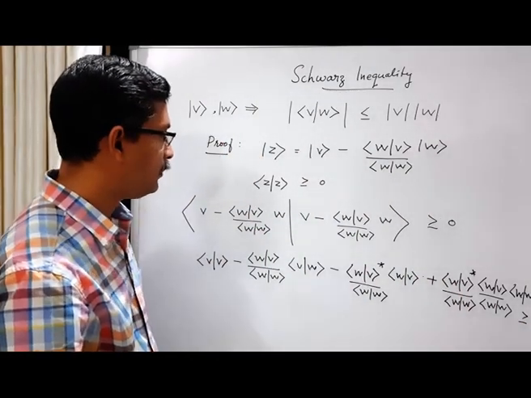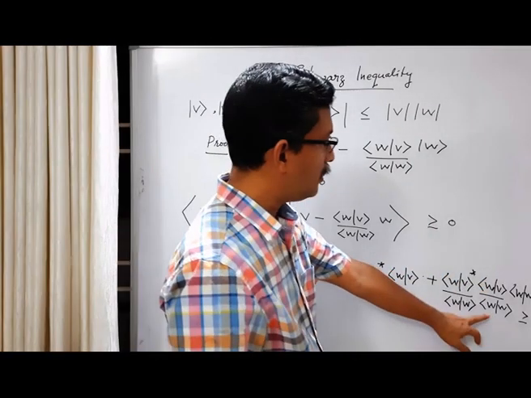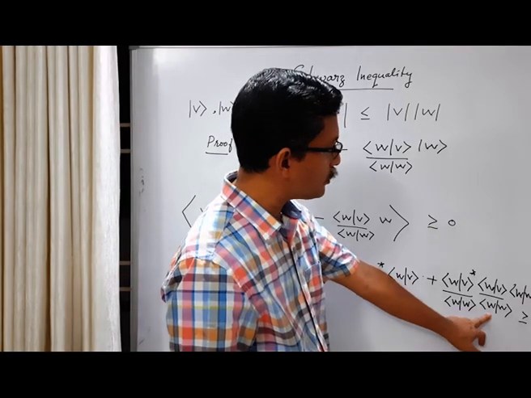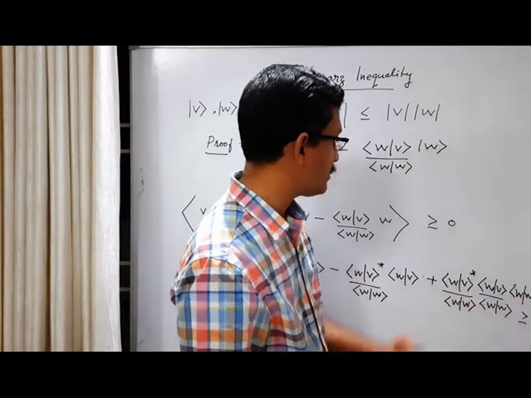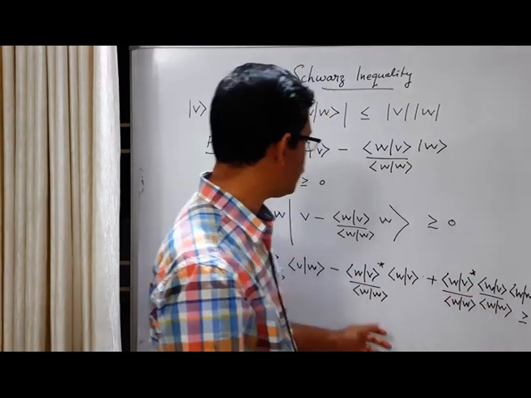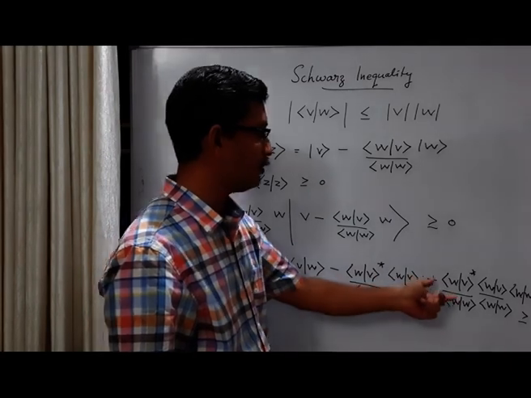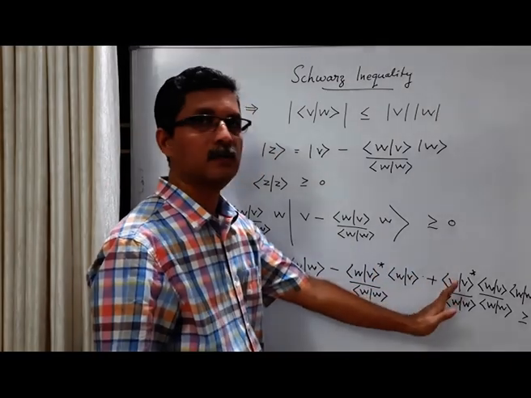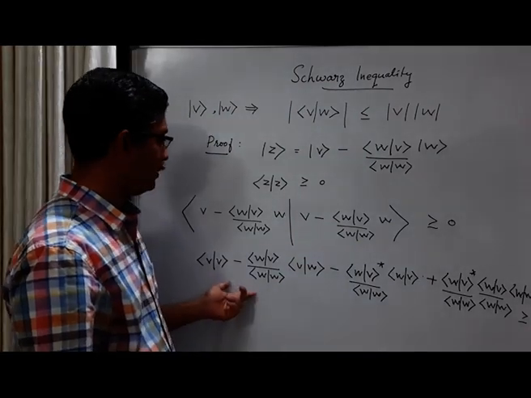Okay, now we can see that in this fourth term, there is one inner product of W with itself in the denominator and one in the numerator, which will cancel. Then the remaining term is exactly equal to the third term. So the third term is negative, the fourth term will be positive. So the third term and fourth term will cancel each other. So there are only two terms here.